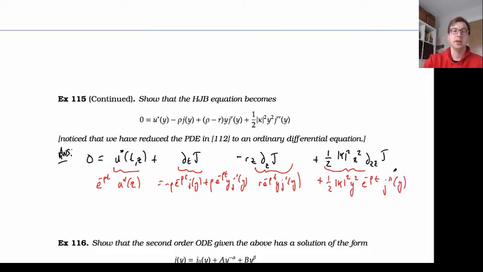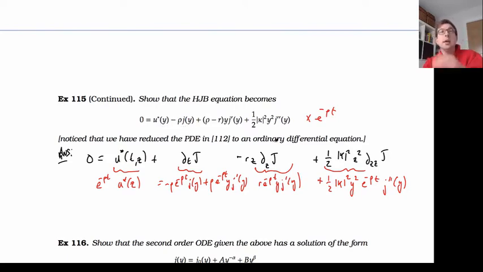When I collect all these terms together, you can notice it's just this expression times e to the minus rho of t. So applying all the substitutions from the differentiation above, I've got an expression which relates to the Legendre-Fenchel transform of the utility function that we're working with, and then some function y that we need to solve for.